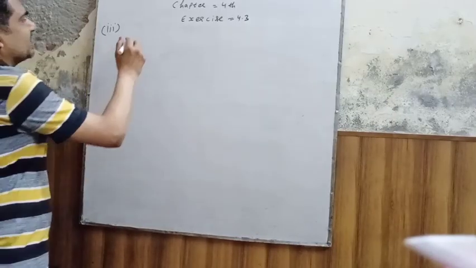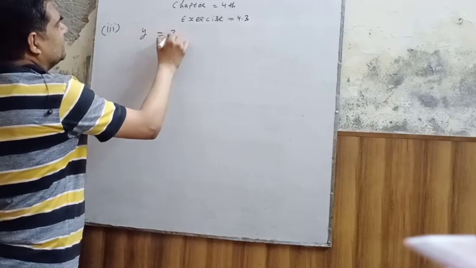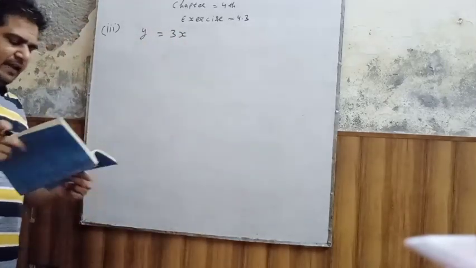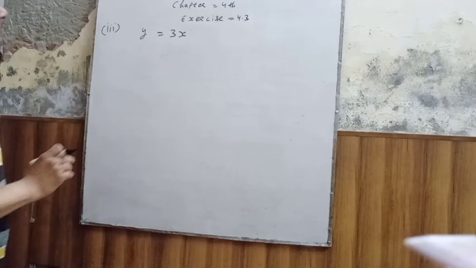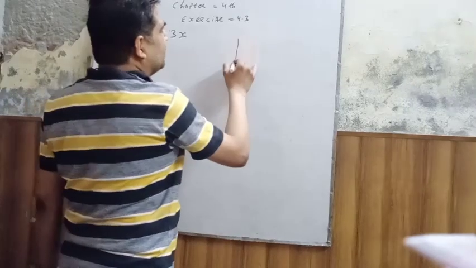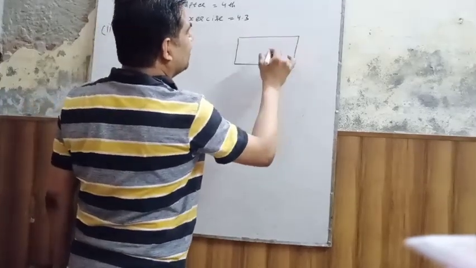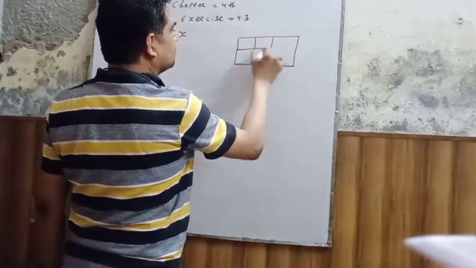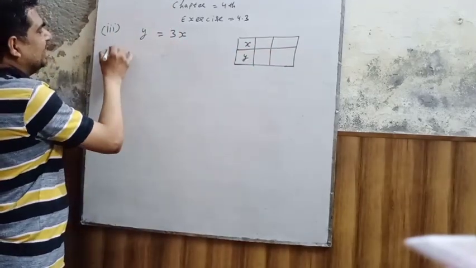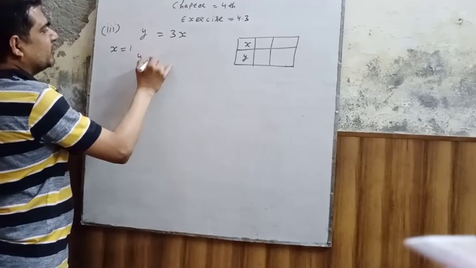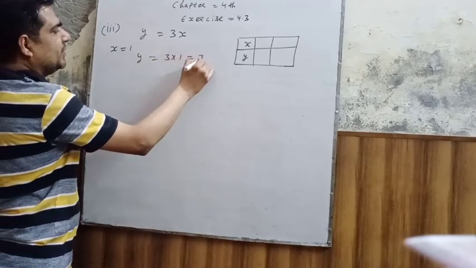y is equal to 3x. Put the value of x and get the value of y. Instead of x, we write 1. y equal to 3 into 1, 3.